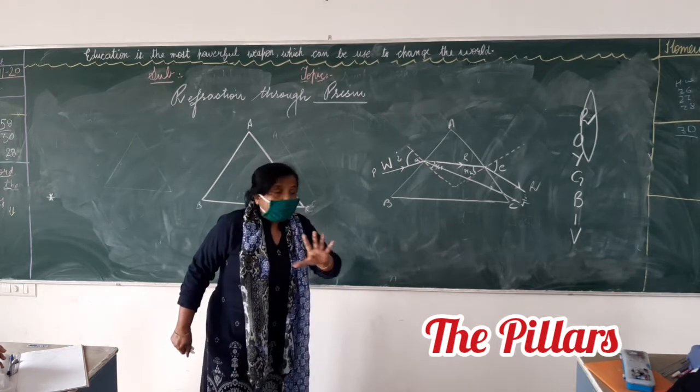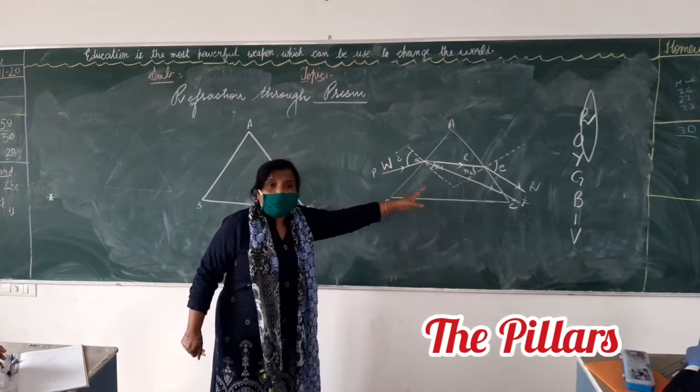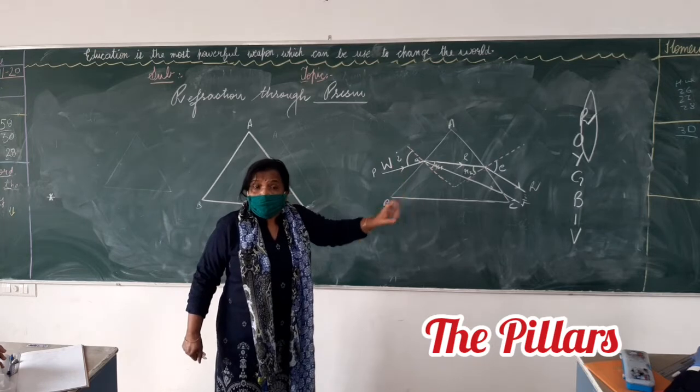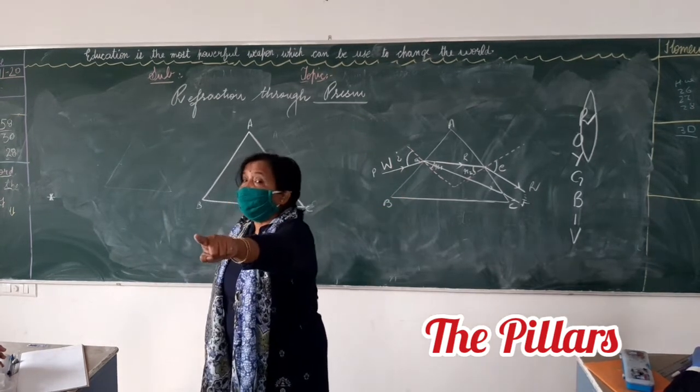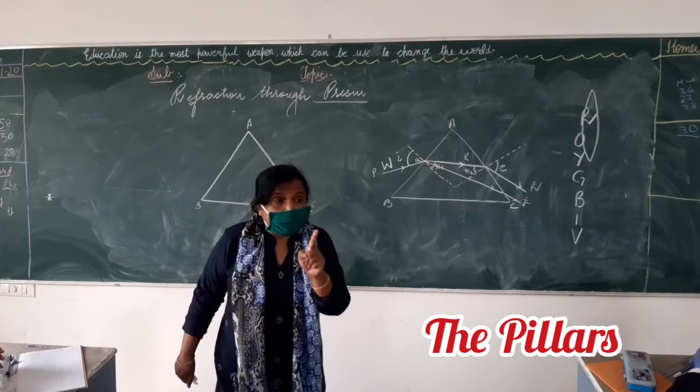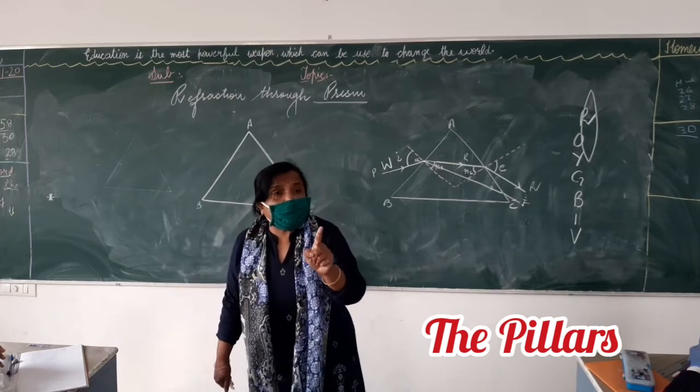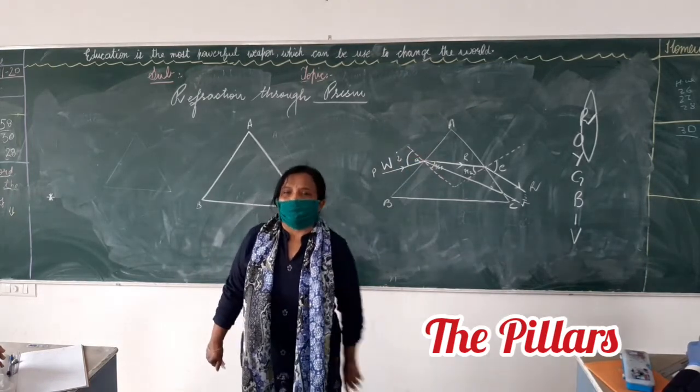Whatever we use in the lab is flint glass. What is the reason for dispersion? It is because of the refractive index of the material of the prism for different colors.